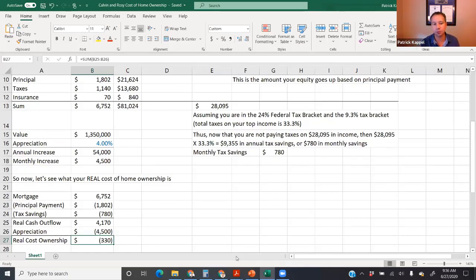It's a hit against their net worth. If they own, not only is their net worth not going down $3,000 a month, it's not going down $6,752 a month, even though they write a check for $6,752 every month. Their net worth isn't going down that amount every month. Their net worth is going up $300 every month because of the principal payment, the tax savings, and the appreciation.